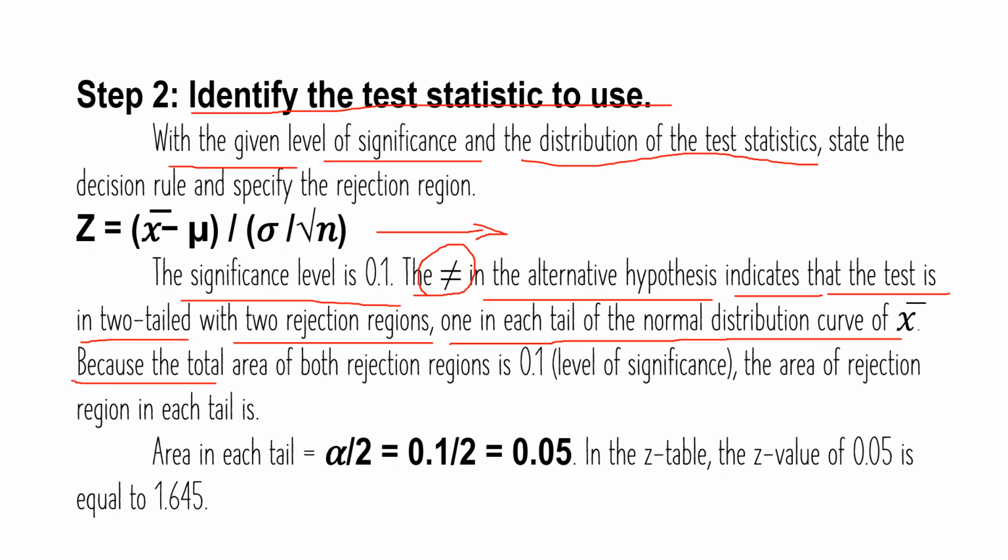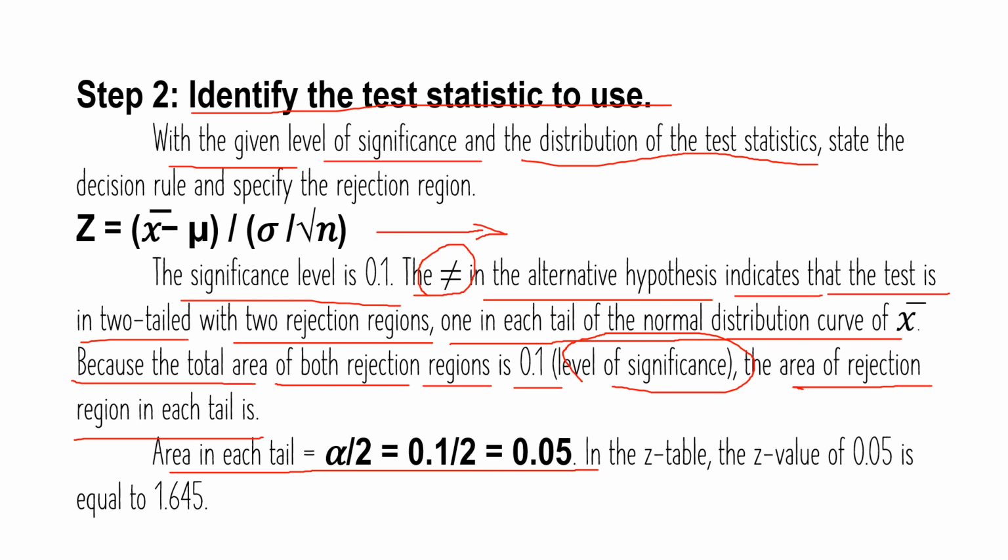Because the total area of both rejection regions is 0.1, or the level of significance, the area of the rejection region in each tail is, we just simply compute in this scenario.